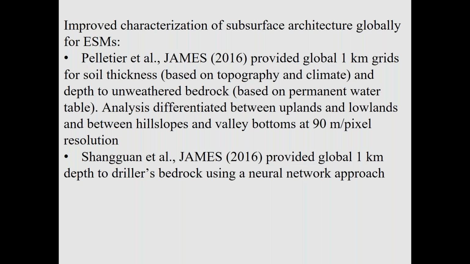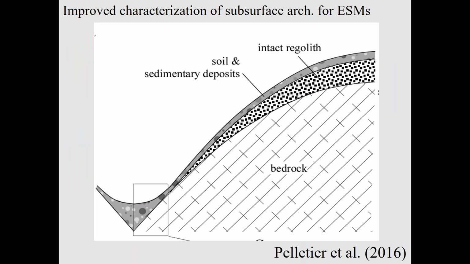So their approach was able to, in places like Pennsylvania, where there are tens of thousands of data points, reproduce that input data very well. In other parts of the world, where there's very little data to train the algorithm, I had some more questions about the accuracy of what they were able to do. But in any case, these are two recent approaches to try to characterize the subsurface.